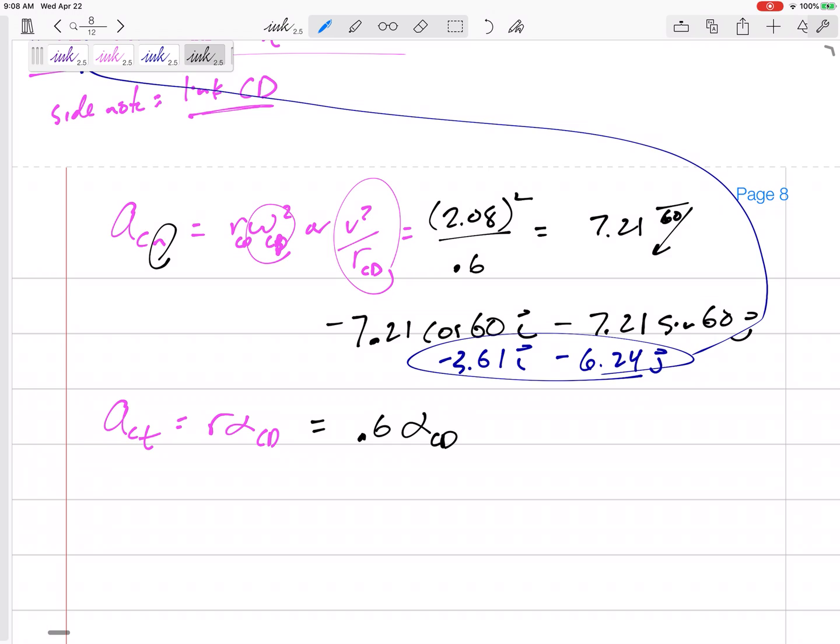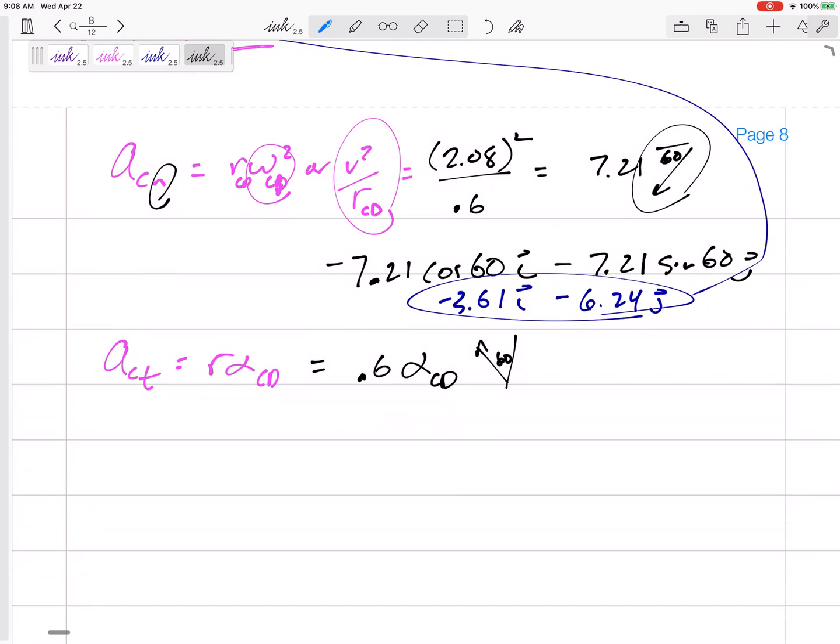It should not look similar to what you did with your sines and cosines. In fact, let's give it a direction. If the normal acceleration is 60 degrees from horizontal, this is going to be 60 degrees from vertical.